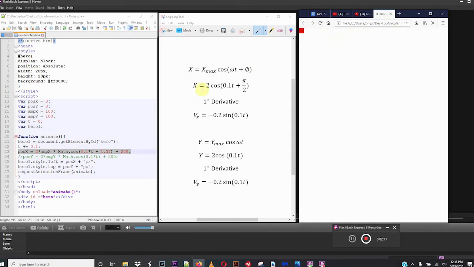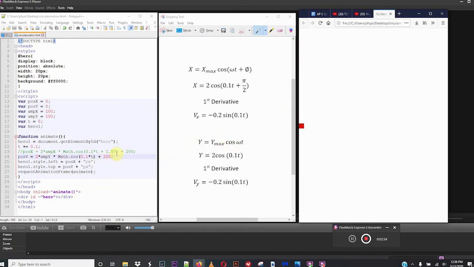But what happens if instead of doing this in the x direction, we do this in the y direction? So I'm going to comment that out, and I'm going to save my file and refresh it. And you're going to see that now we have a simple harmonic oscillator acting in the y direction. So that's exactly the same as what we've done before.